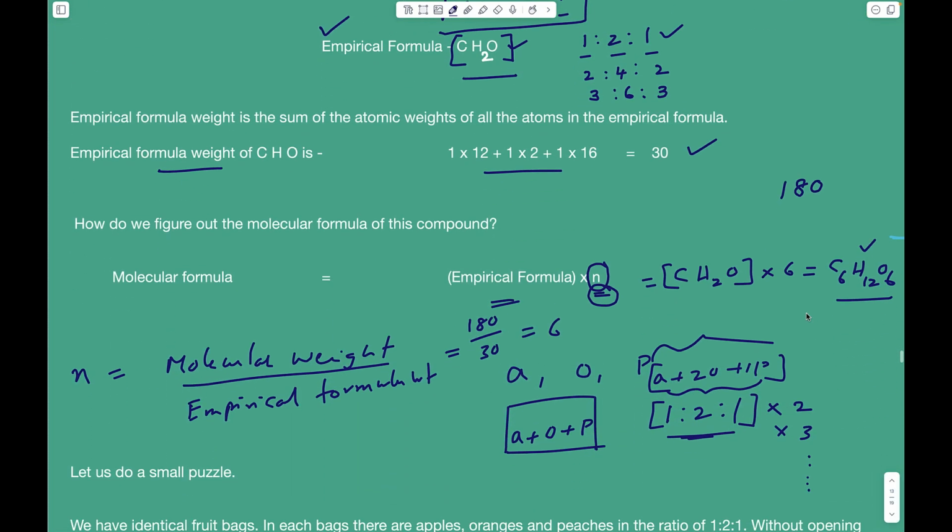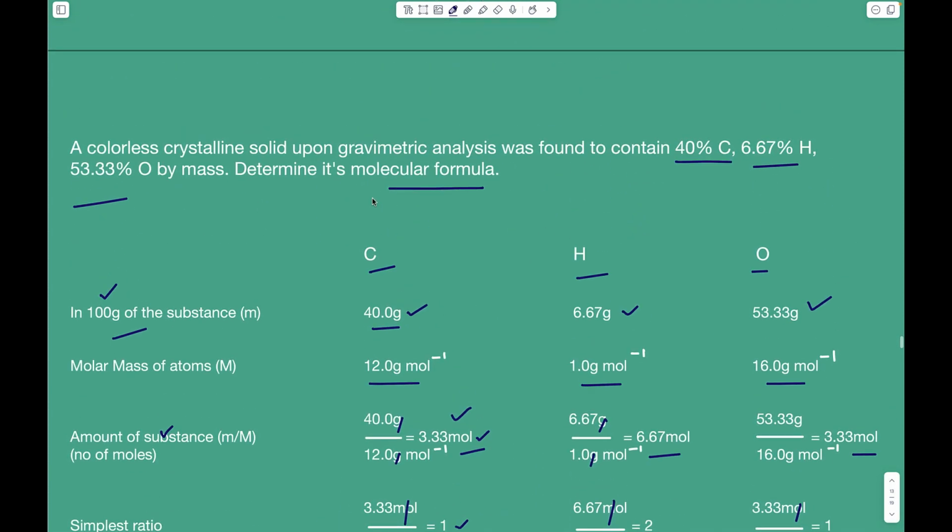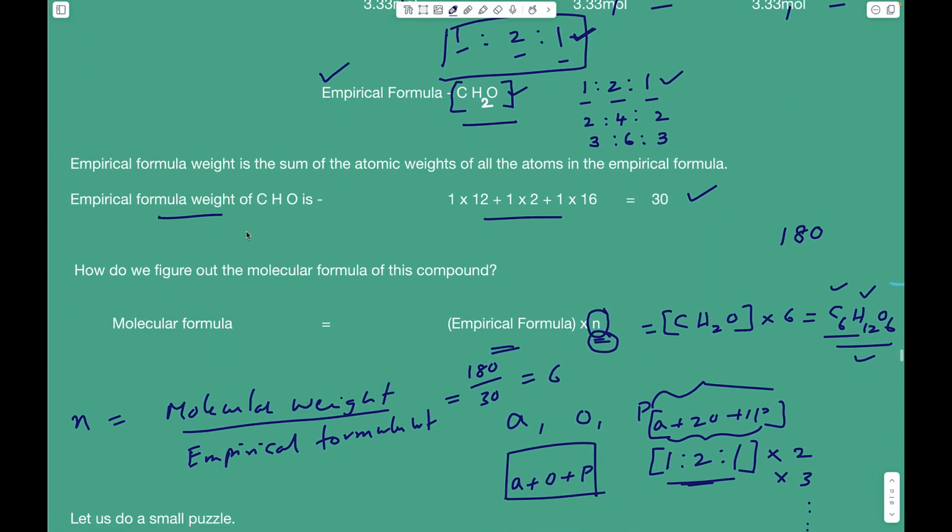The interesting thing here is, even though we know the molecular formula of the compound, we cannot identify what that compound is, because there are two different compounds with the same molecular formula C6H12O6, glucose and fructose, and that's a different story. But we are able to figure out the molecular formula given the percentage composition by mass and the molecular weight of the compound. And both of them are experimentally measured.